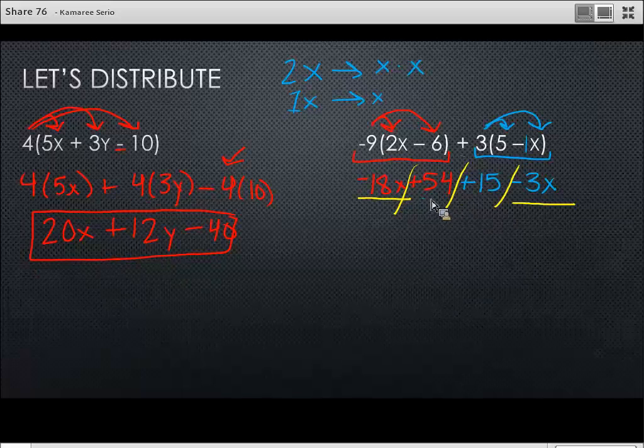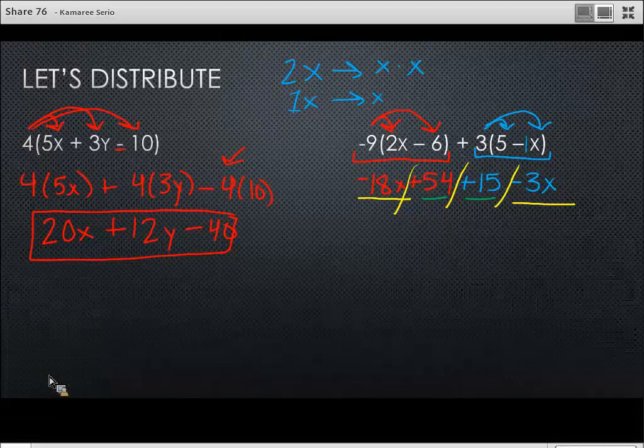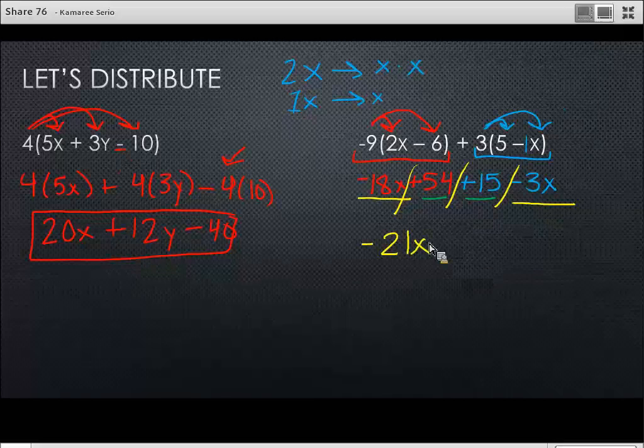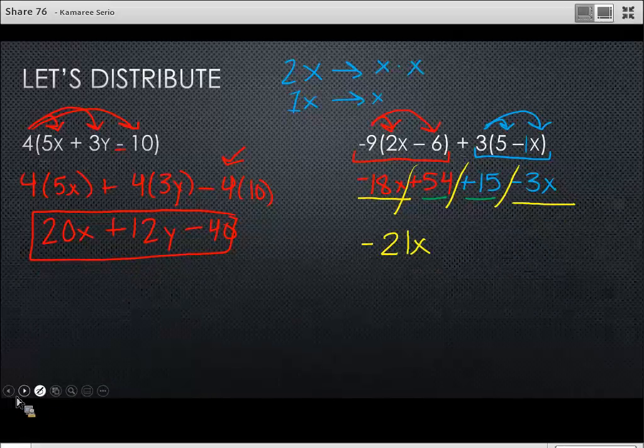And I also have these numbers I can add together. So guys, please remember that if you want to, you can use a calculator for these. So you could type in negative 18 minus 3 and you will get negative 21, and then just don't forget to bring your x. Don't type the x into the calculator, it won't work. But you can use a calculator.